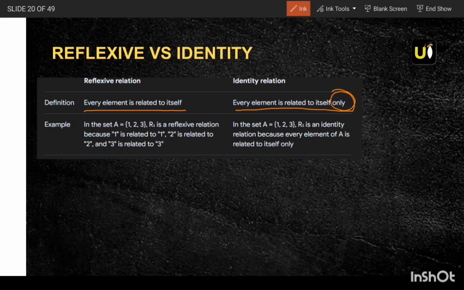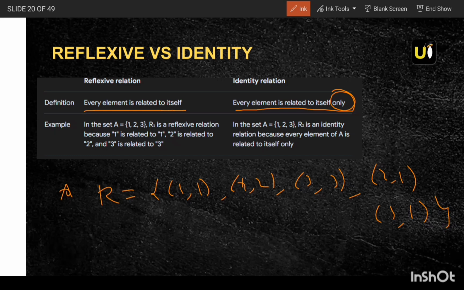This is the basic difference. As we saw in the earlier example, the relation we defined has elements apart from 1, 1, 2, 2 and 3, 3. We have 2, 1 and 3, 1 also included.